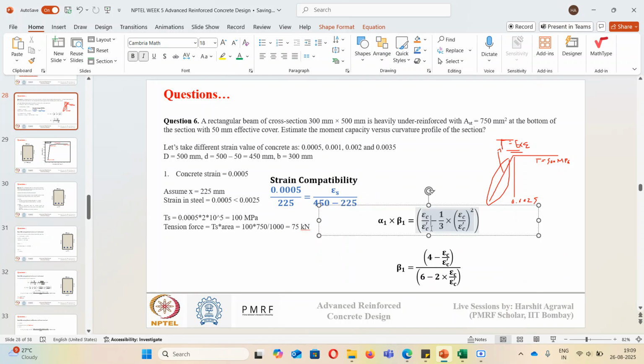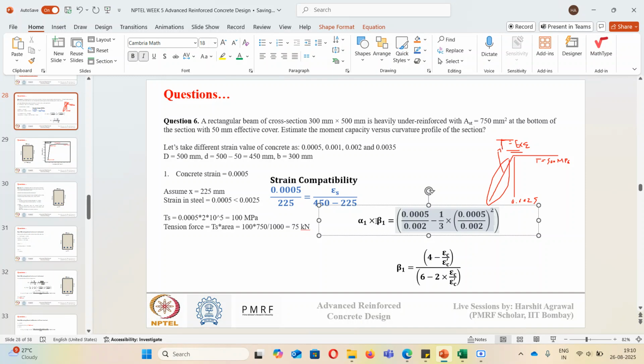So epsilon c dash I will substitute as 0.002, and epsilon c will be 0.0005. Similarly here also epsilon c dash is 0.002, epsilon c is 0.0005. Okay, so this I will substitute here.